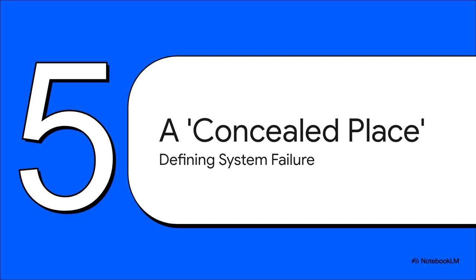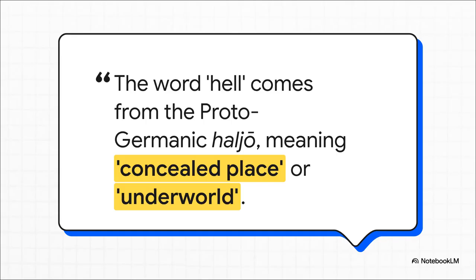This created a state of suffering so total, so all-encompassing, that it needed a very specific word to capture it. And to really understand this state, we have to kind of reclaim a word we all think we know. Just for a minute, set aside all the modern religious ideas you have about the word hell, because originally it comes from an ancient Proto-Germanic word, Hullyo, and all that meant was a concealed place, the underworld, a hidden realm.